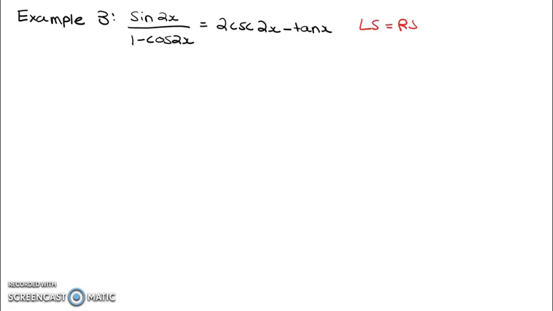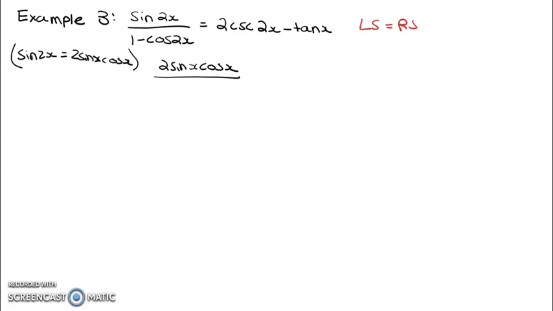Okay, so first I'm going to expand the numerator on the left side. We should know from our double angle portion of this course that sine 2x is equal to 2 sine x cosine x, so I'm going to apply that. So I get 2 sine x cosine x.